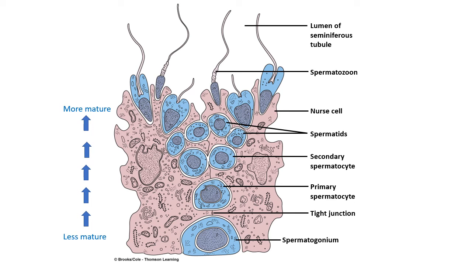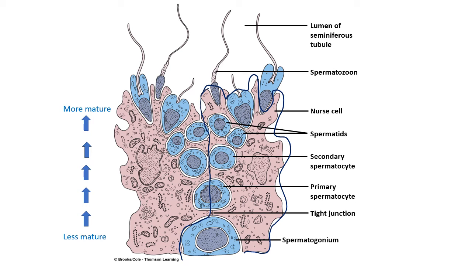Inside that seminiferous tubule, outside of the cell we have our interstitial cells, our Leydig cells, and then on the inside we have our nurse cells. These nurse cells are relatively large cells. Here we have our nurse cell.